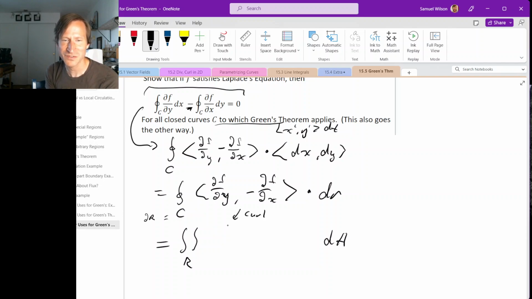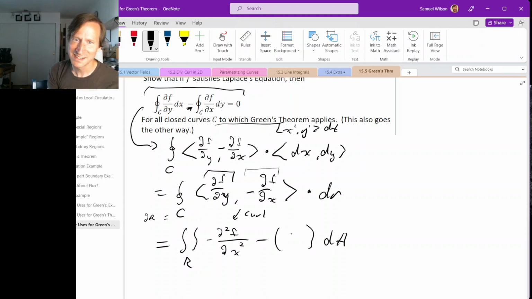Well, the curl of the vector field is the derivative of this with respect to x, so minus partial, well, this already has a derivative with respect to x, so if we have another derivative with respect to x, we get the second order derivative, partial squared f partial x squared. Minus, and then we need the derivative of m with respect to y, so that's going to be the second partial of f with respect to y, partial squared f partial y squared.